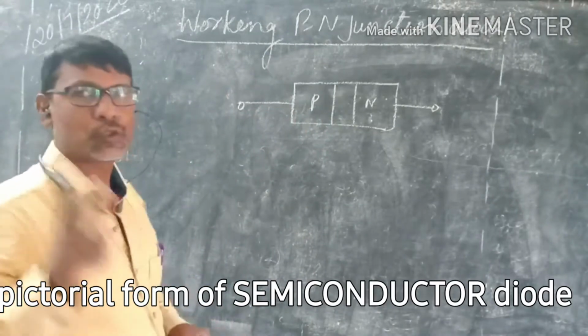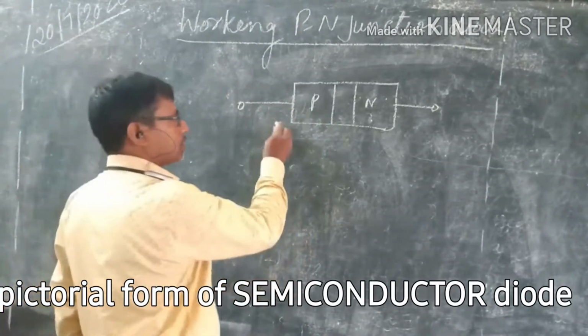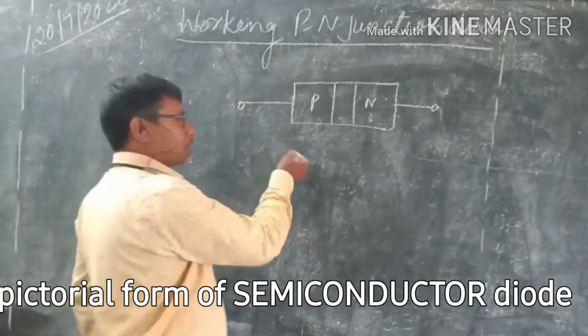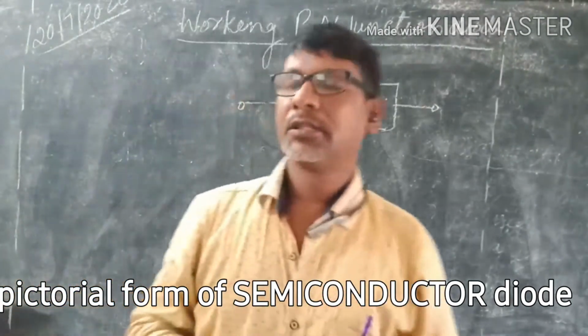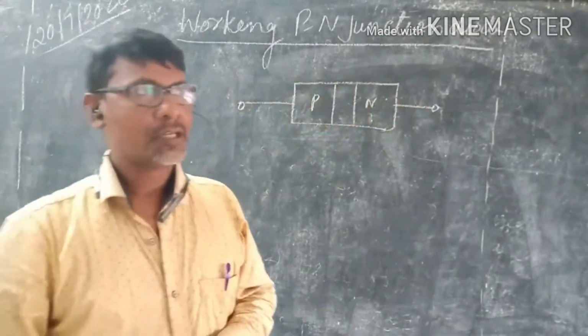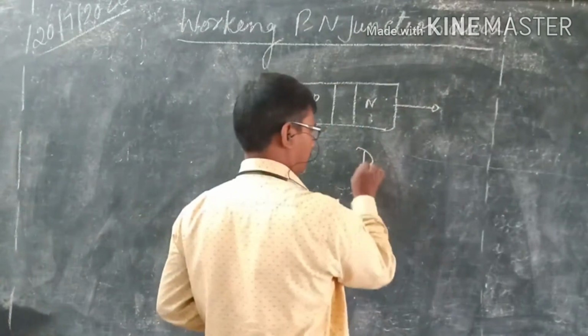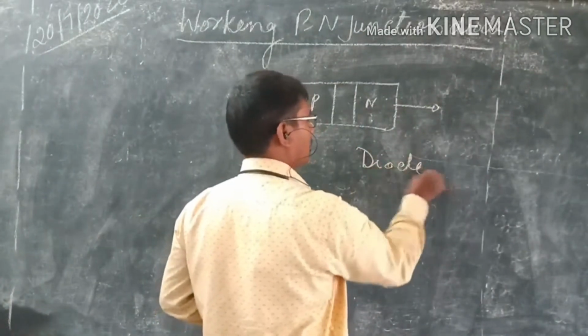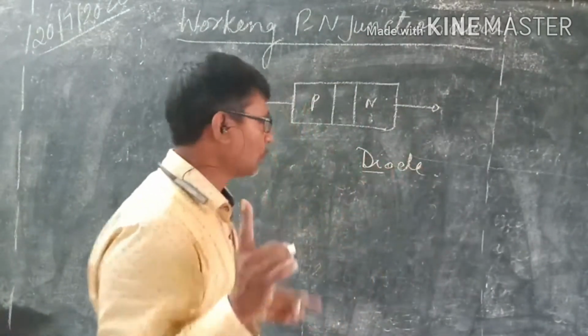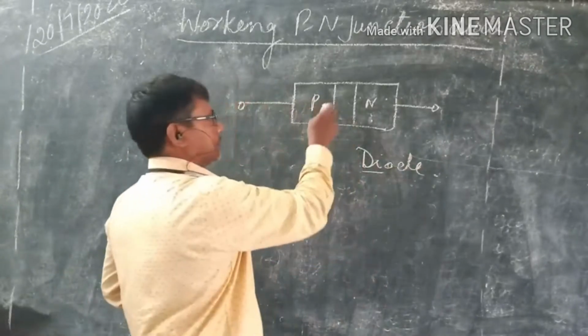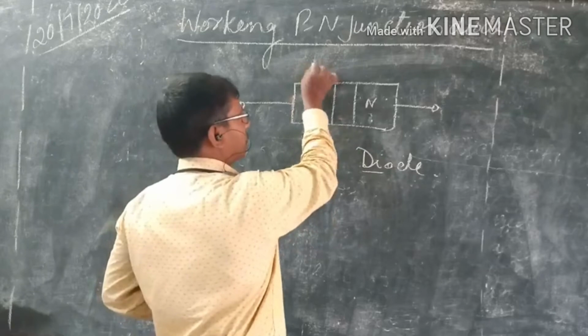Because it has two ends and the current flows only in one direction. There is a unidirectional flow of current in a PN junction, and that device is called a diode. Di means two ends, and this diode has unidirectional flow.